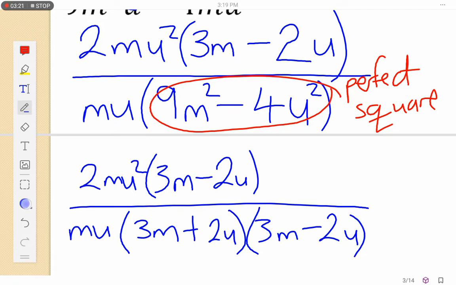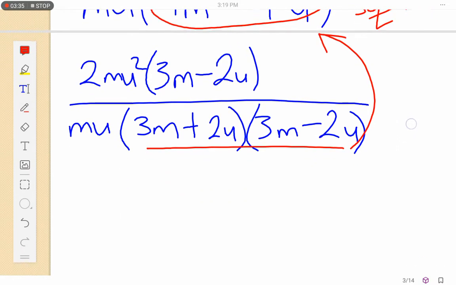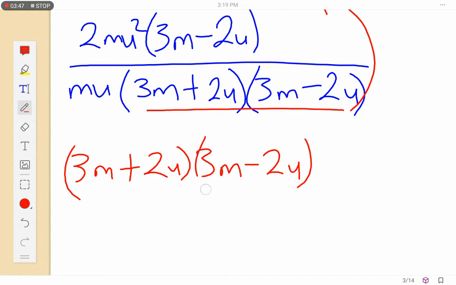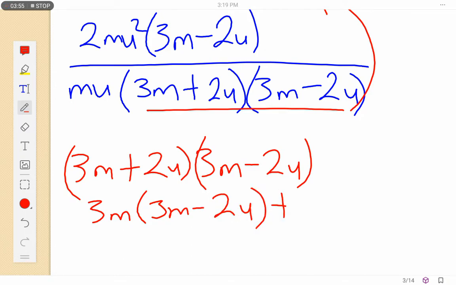Okay, if you are to break this bracket, you should go back to what we had here, 9m squared. I will not do that right away, but let me show you. If I have 3m plus 2u by 3m minus 2u, I can expand and have 3m minus 2u plus 2u by 3m minus 2u.